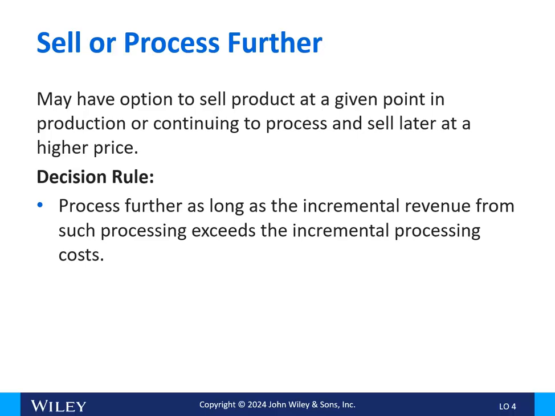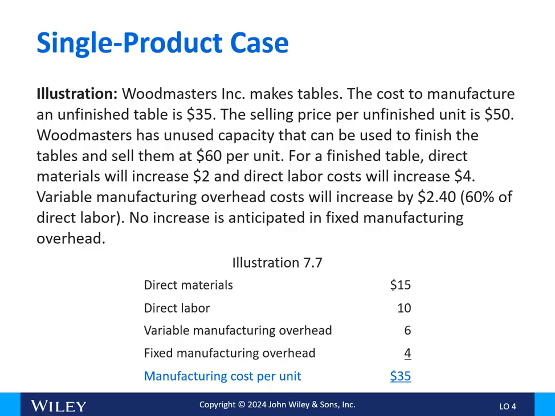So we're going to compare the price at point A, the incremental price going further to point B, and then what's that extra cost to get us from point A to point B. So that's going to be our analysis.